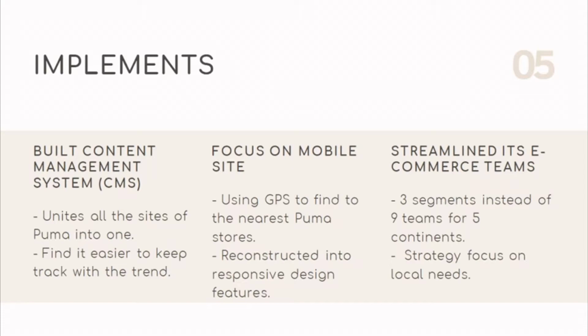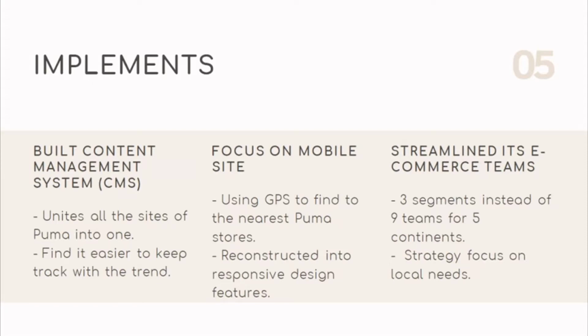Now there are 3 teams with 3 large segments: North America, Europe, and Asia Pacific. Besides, Puma wants to establish a flexible strategy that can focus on the local needs in specific markets, although they have fewer individual e-commerce teams now. In short, their main goal is to create a united brand with the same branding strategy so that all the teams will no longer be separated.